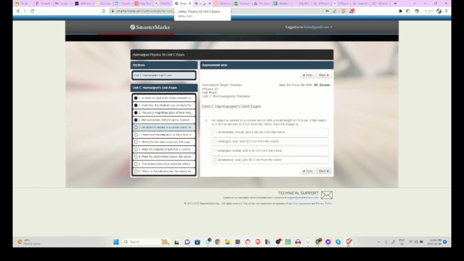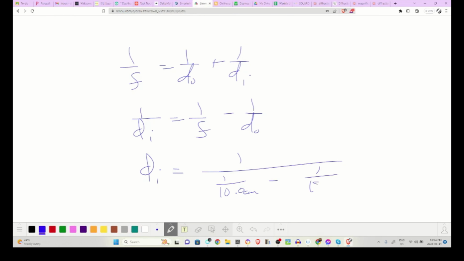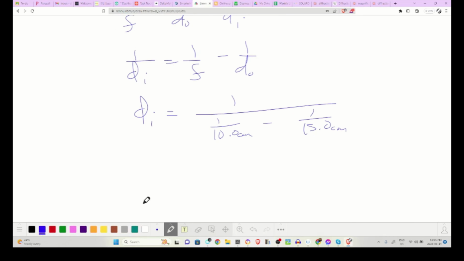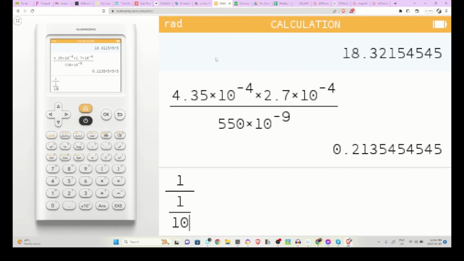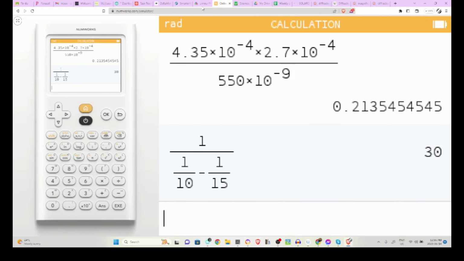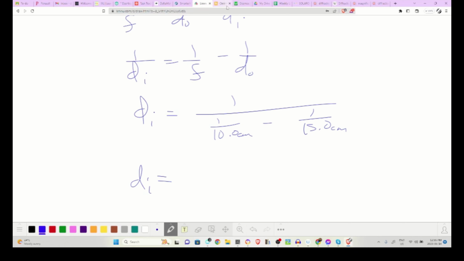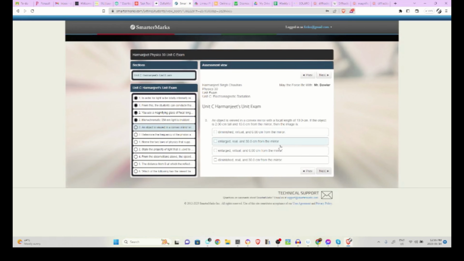Our object is 15 centimeters from the mirror. So 1 over 10 minus 1 over 15. So there we go. Our image is 30 centimeters away.